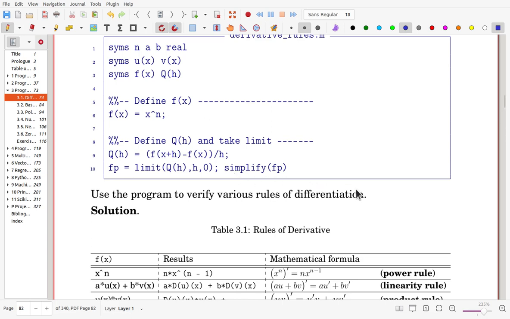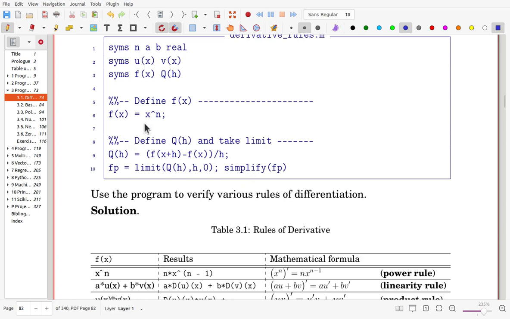We did, in fact, earlier when we were using the definition to find the derivative, and at some point we tried to simplify the formula, exactly the same way we do in programming.